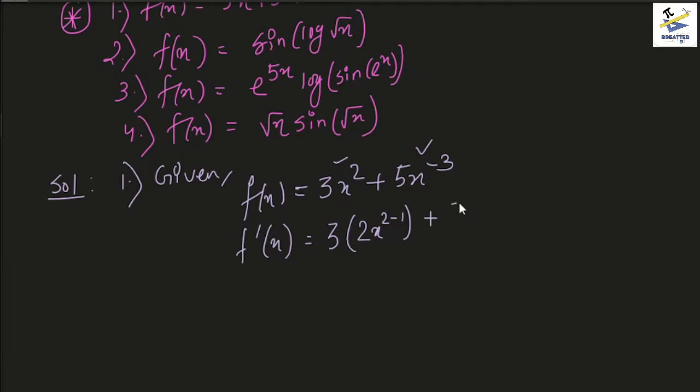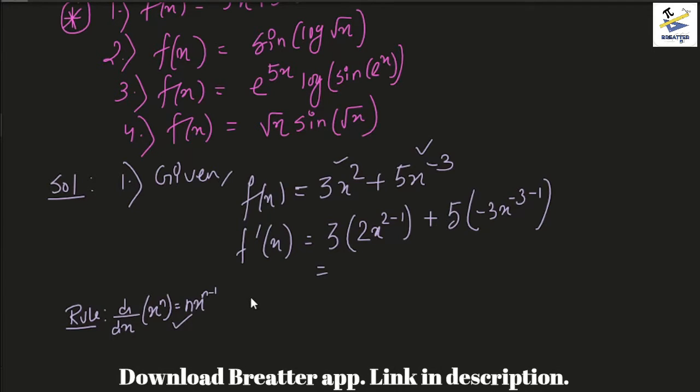Similarly, for the other one we should have 5 as it is, and then we should have minus 3 x to the power minus 3 minus 1, right? According to the rule, and I'll just write the rule here: d/dx of x to the power n is just n into x to the power n minus 1. We are following this rule, right?